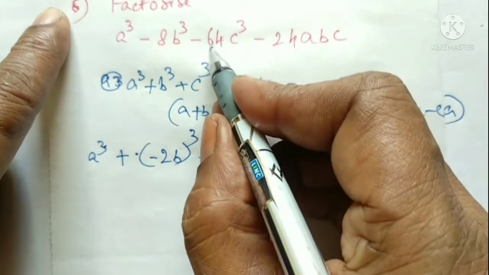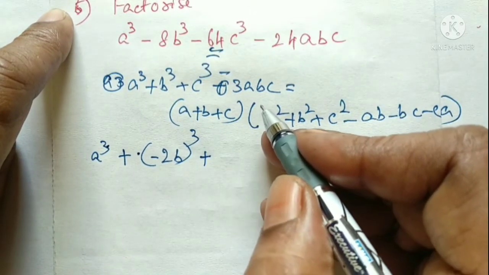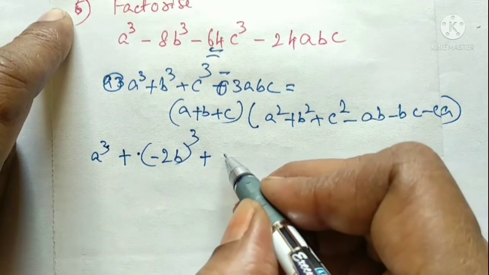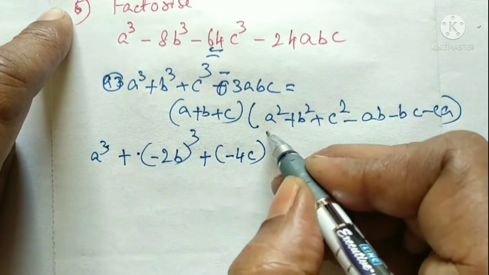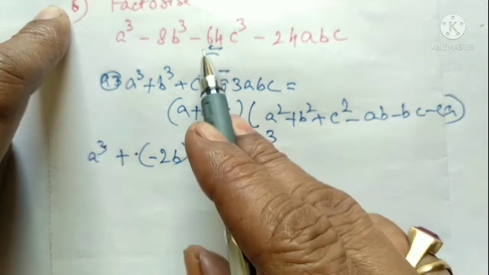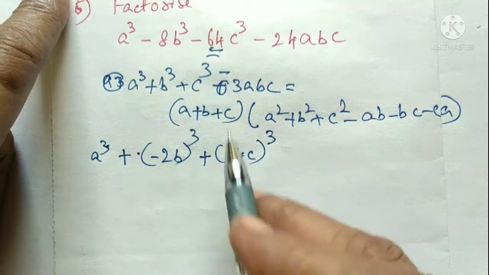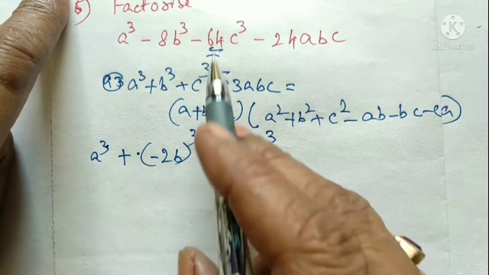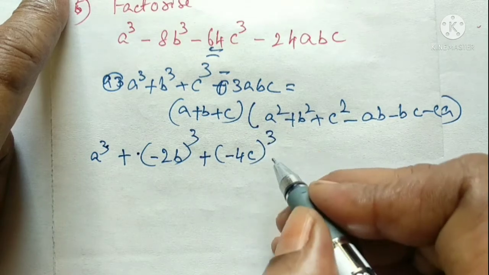Then minus 64c cube: 64 is 4 cube, and we have a minus sign here, so minus 64c cube means (minus 4c) whole cube.